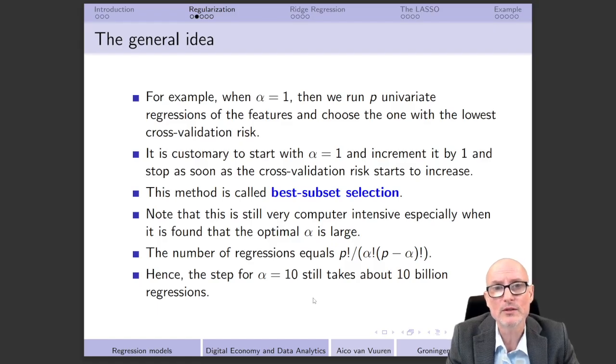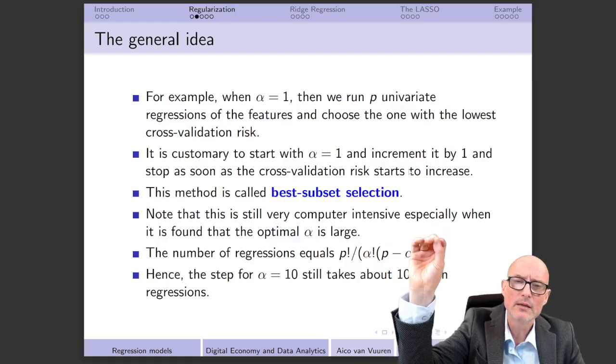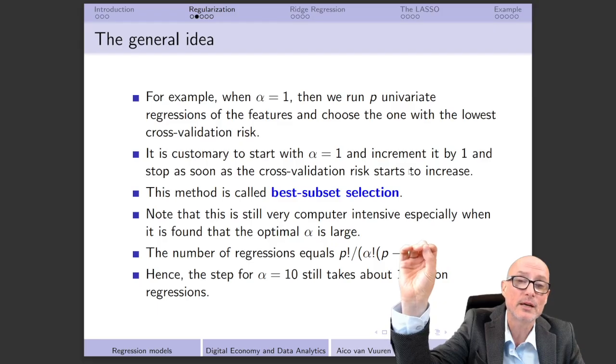Now it's customary to always start with alpha equal to 1, and then after that to increment alpha every time by 1 and stop as soon as the cross-validation risk starts to increase. What we typically see is that at the moment that we start with alpha equal to 1, the cross-validation risk is typically still quite large.